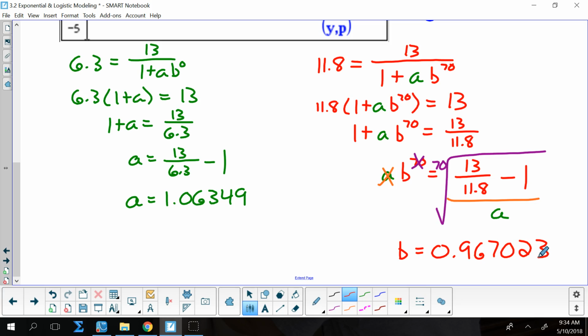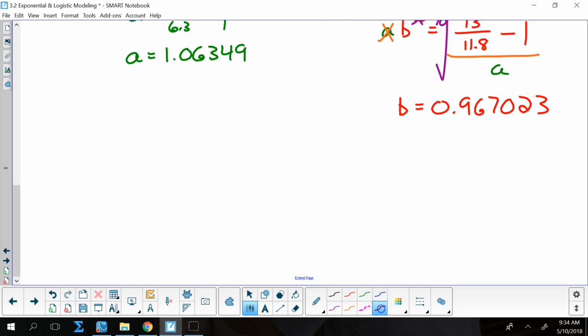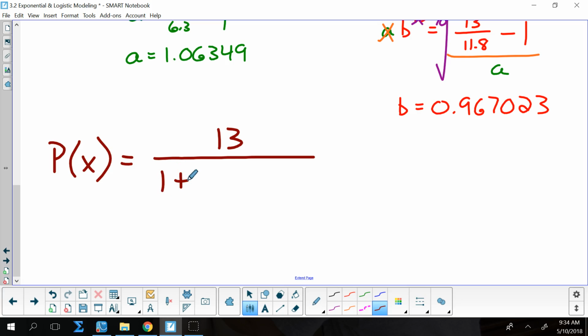Okay, so my logistic function then is the population of Pennsylvania equals 13 over 1 plus 1.06 times 0.967 to the x power, approximately.